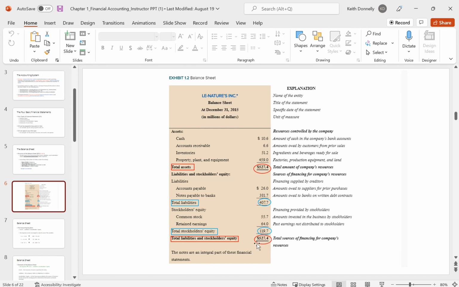It's like if you had both of those on a seesaw, it would be balancing. 527 on each side, it balances. And specifically why it balances is because our assets equal our liabilities plus our stockholders' equity, right? So this 527 down here is really just these 2 combined if you added them.